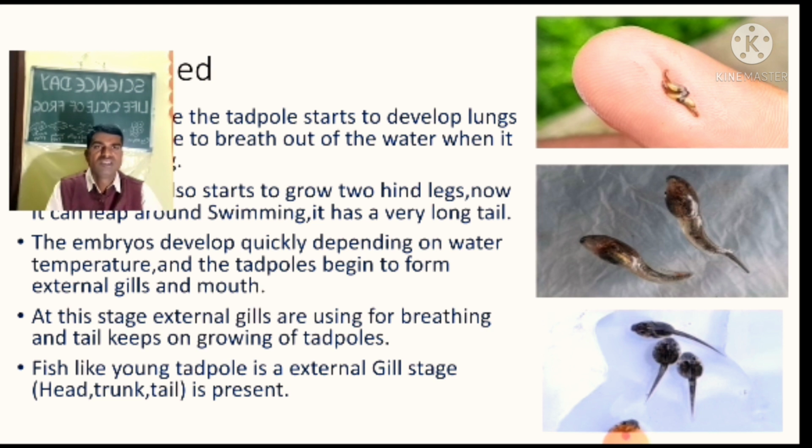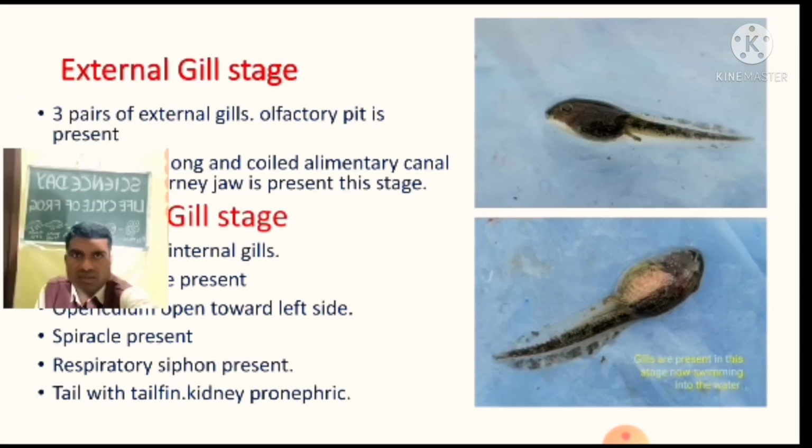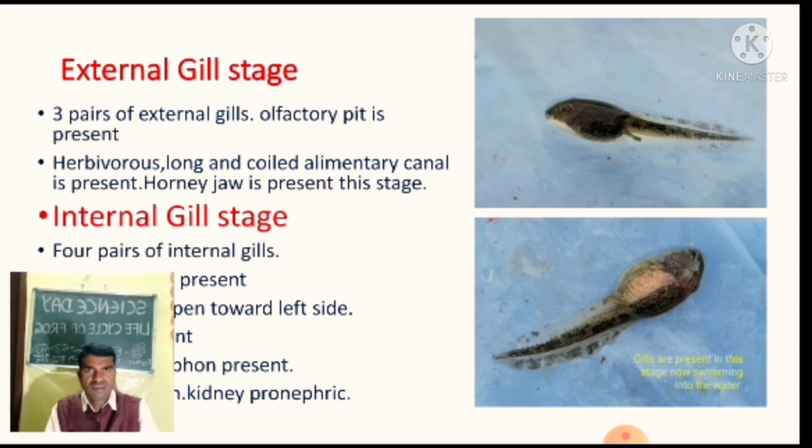In this picture we can observe the first diagram and second diagram. In ventral view, the somewhat red mark is the heart, and in the third diagram we can observe the tadpole larva. Now, the external gills stage.